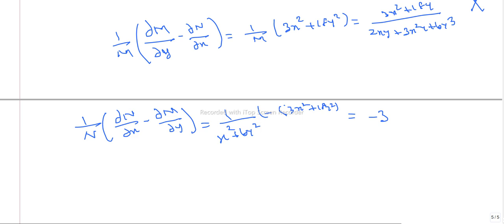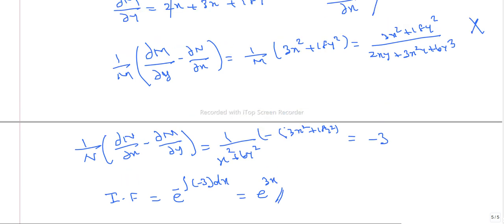Therefore this is a function of x alone, and the integrating factor is e^(−∫ of this number) dx. Already we have minus 3 here, so it is just e^(3x). So this is the integrating factor.